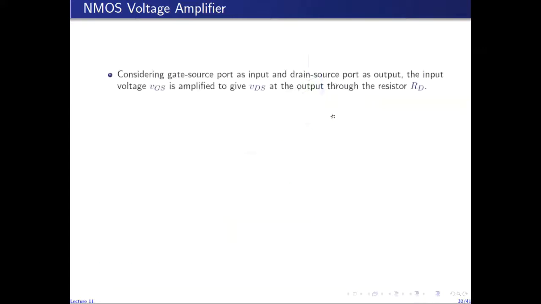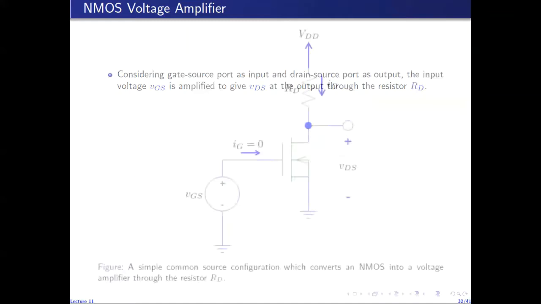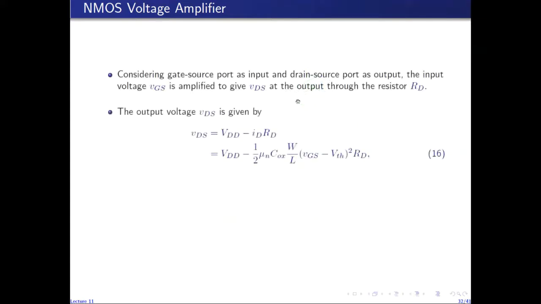So the amplification we obtain in ID can be mapped to the output voltage VDS through this circuit. So VDS is given by VDD minus ID times RD. So when the device is operating in saturation mode, ID is given by this quadratic expression. And hence, VDD minus this quadratic expression times RD gives us the output voltage VDS.